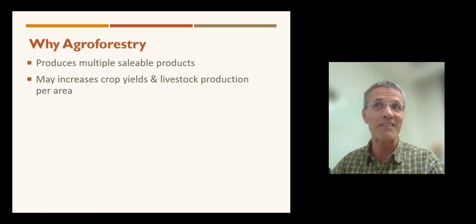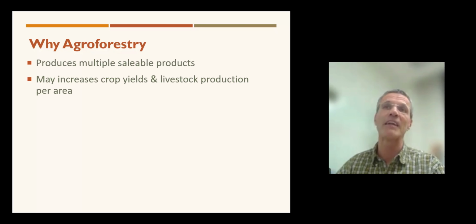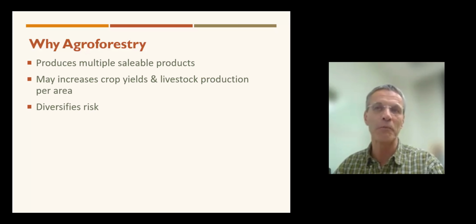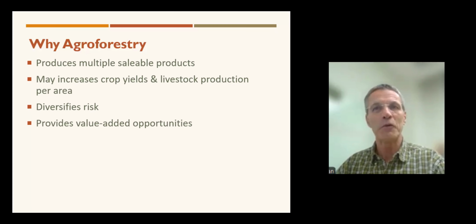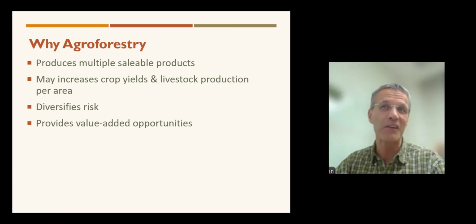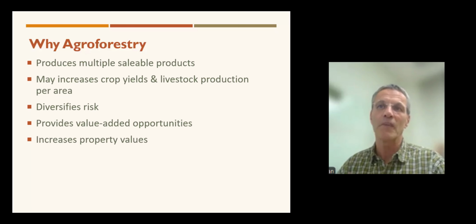There is a chance that you can optimize that and actually then increase crop yield and livestock production for a particular area. You have spreading of the risk because you have multiple products that are coming on at different times. You have the potential for maybe creating value-added products, especially on the forest side, because you can do many different things with the timber that you harvest there, but also on the crop side to a certain degree. And then it does increase property value as well.